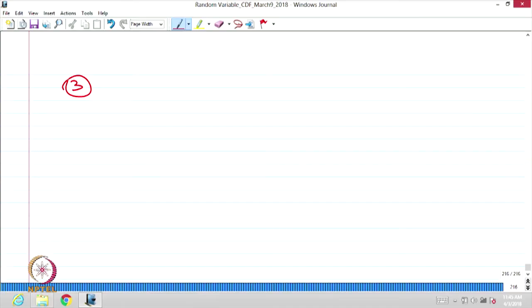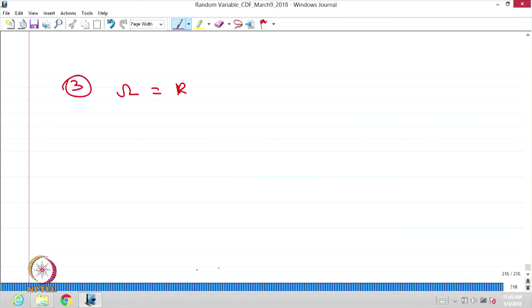In the first example and the second example, we had omega consisting of finite elements. Now we can go for creating the sigma field when omega has uncountably many elements. Let's go for the third example, where omega is the same as the real line.